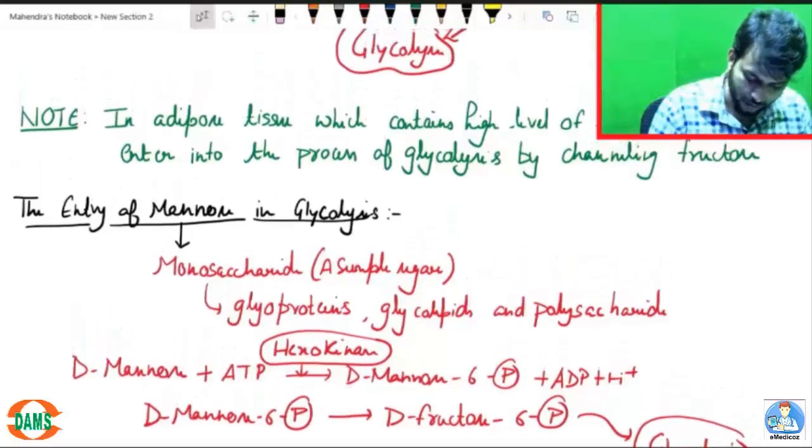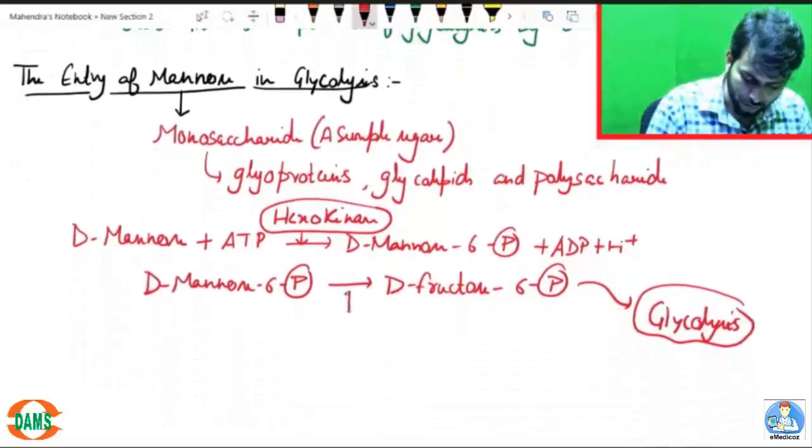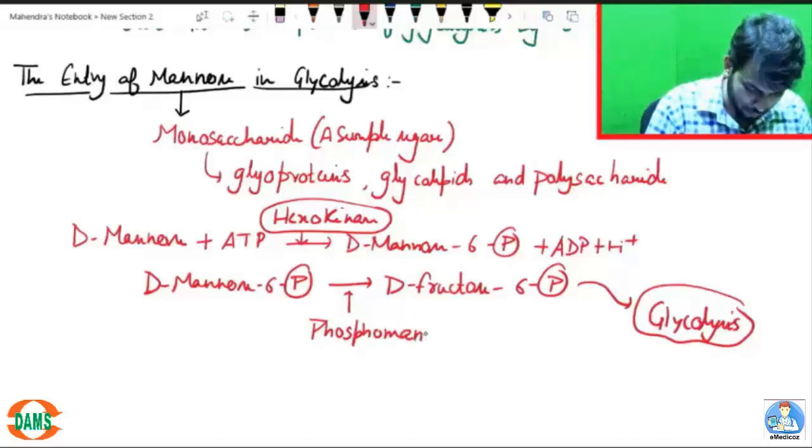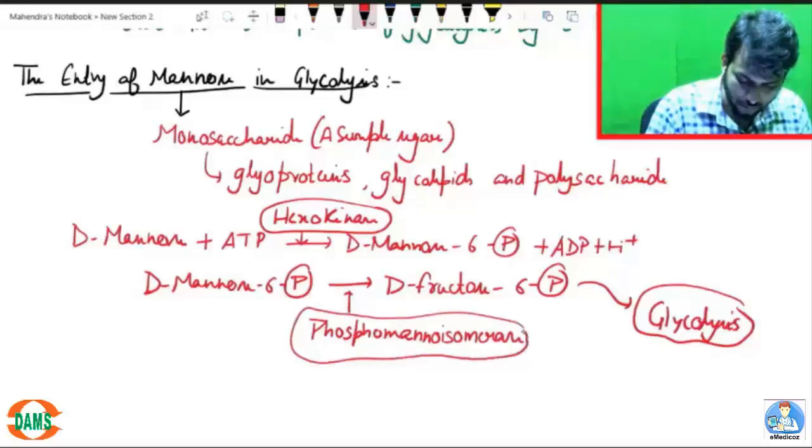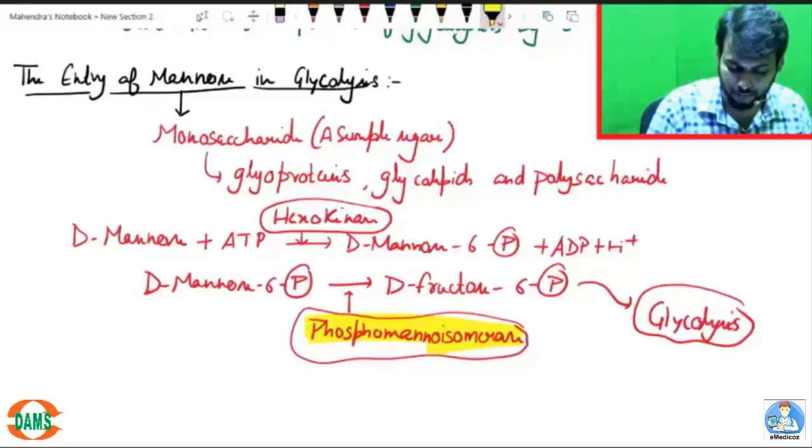The enzyme is phosphomannose isomerase. Phosphomannose isomerase is the enzyme which is going to help the conversion.